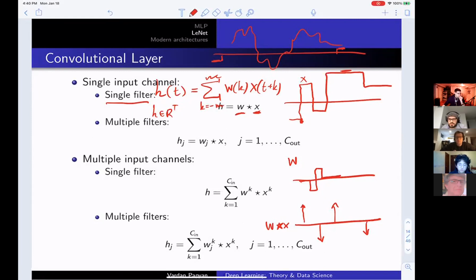Regarding the question about autocorrelation and cross-correlation, I need to refresh my memory about cross-correlation, but as far as I remember, it's autocorrelation. A function on Z with finite support. Yes, you could say that.